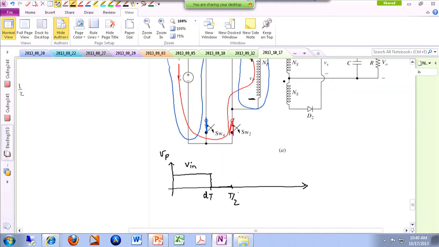In the third mode, it is negative Vn. And that's it. Again, like the push-pull topology, we are applying a square-shaped signal to the primary side of a transformer. On average, this signal is 0 because we are doing everything symmetrically, so we don't have to worry about the magnetizing inductance. And all that is happening on the secondary side is we are just rectifying this voltage.